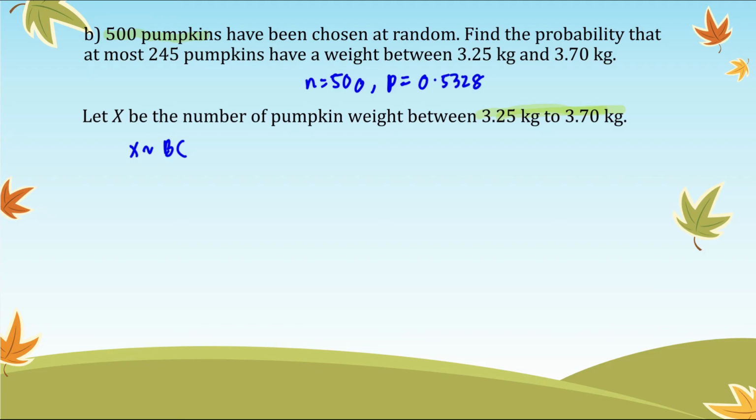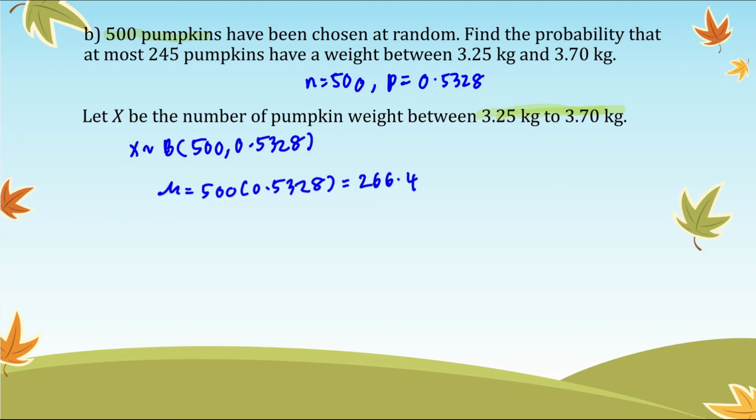So we can see that our N is extremely large. That means we have to approximate to normal. So we need to find mean. So mean equals to NP. We will get 266.4. Okay, now let's find variance or sigma square. The formula is NPQ.